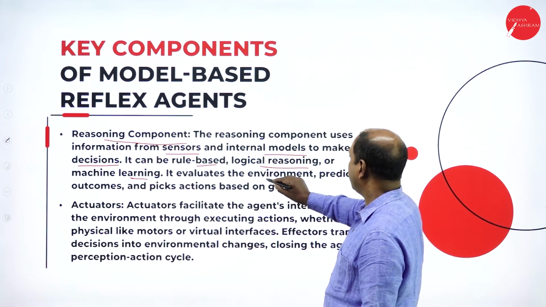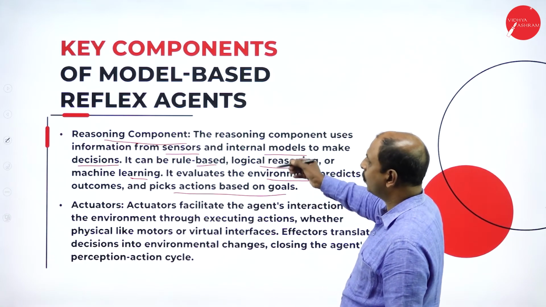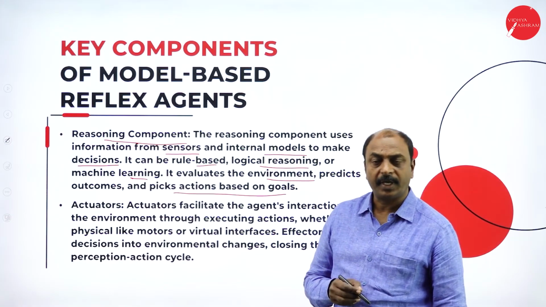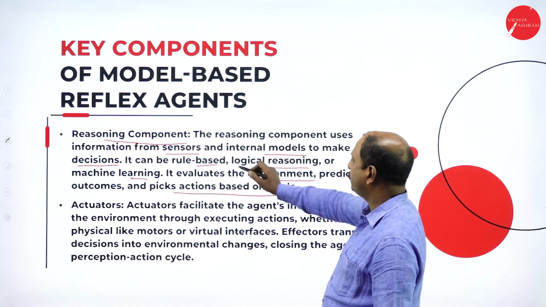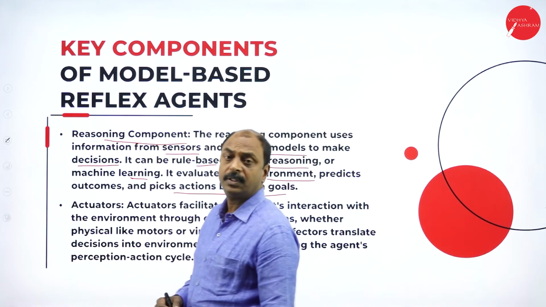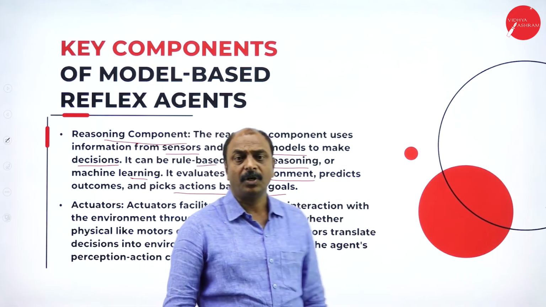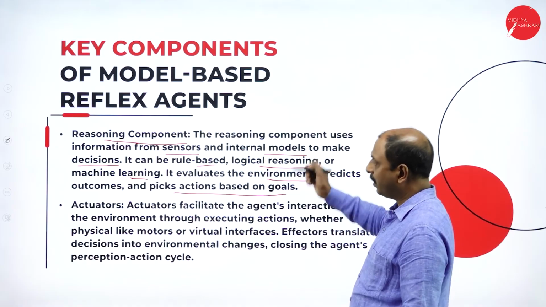It evaluates the environment, predicts outcomes, and picks the action based on the goals. So this is the reasoning component. It takes different types of decisions, maybe logical reasoning or rule-based reasoning or based on the models. So it takes action based on the decision from the sensors as well as from the models.